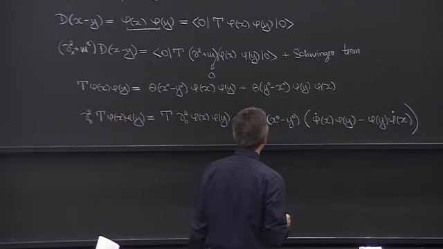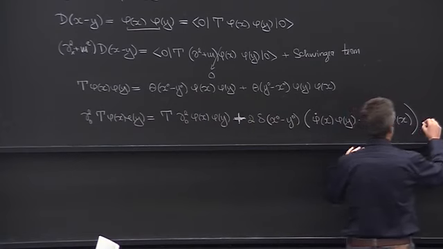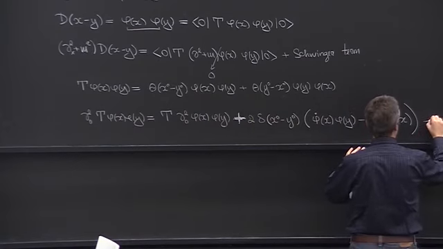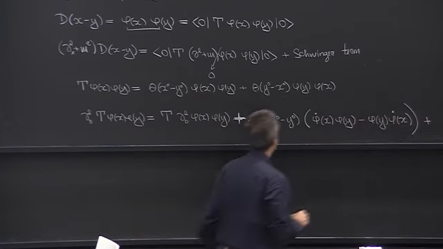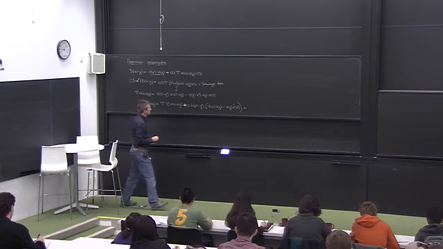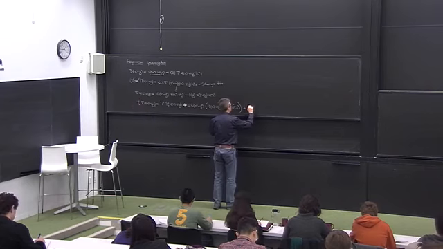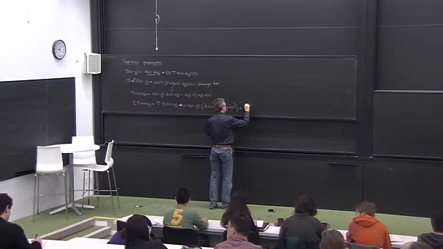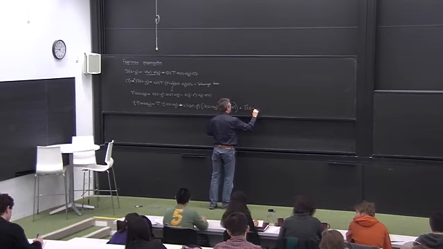And finally, there is a term where both derivatives act on the theta function. So this will produce delta prime of x0 minus y0.